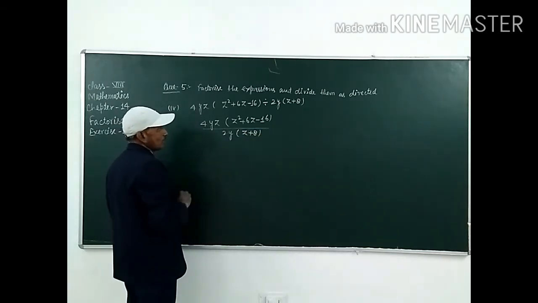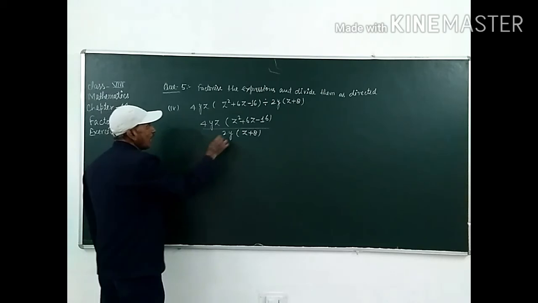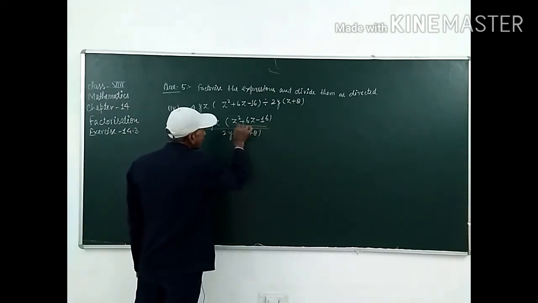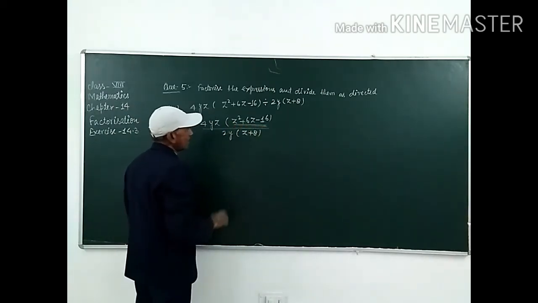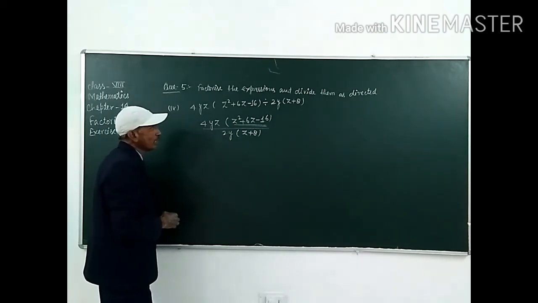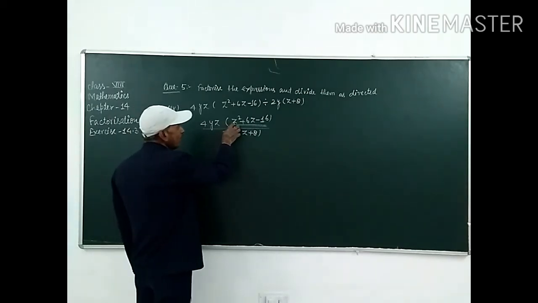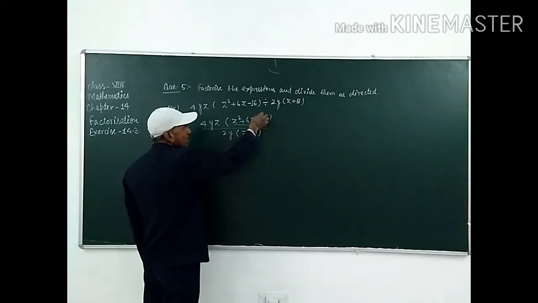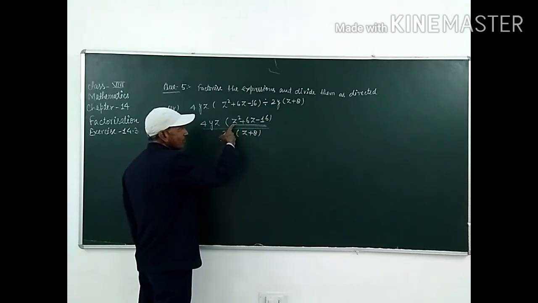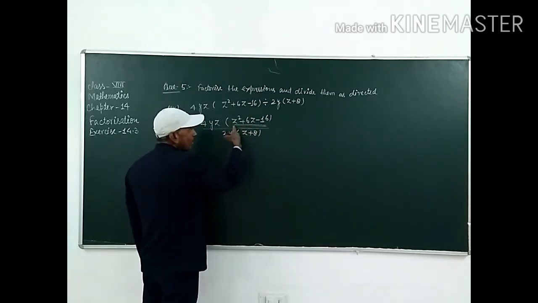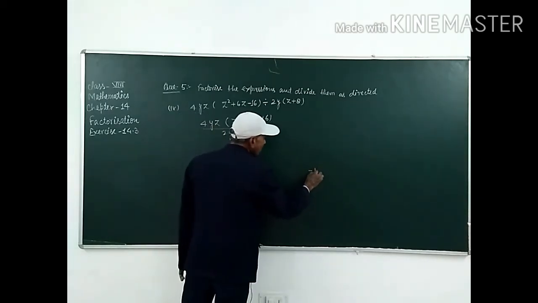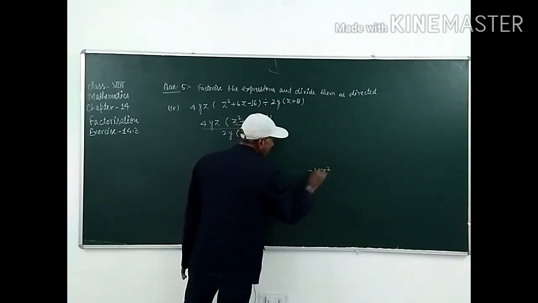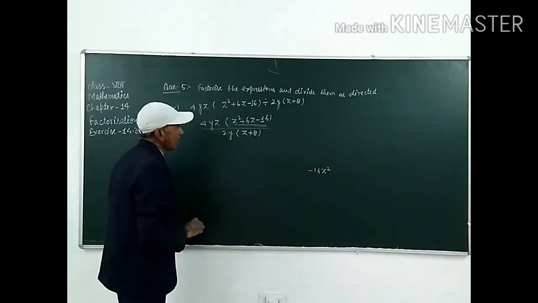In the next step, students, we have to solve this trinomial. This one is a trinomial, students, and in this part we have z square plus 6z minus 16. The product of the first term and last term will be minus 16z square.